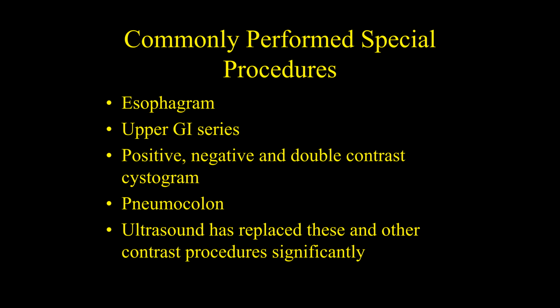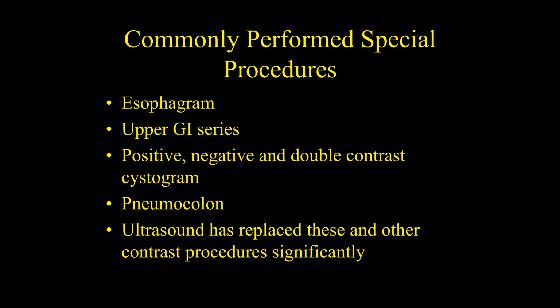Positive, negative and double contrast cystogram. This is a study of the urinary bladder, where we place a catheter through the urethra into the bladder, and we either infiltrate the bladder with positive contrast, for which you would use an iodinated contrast material that also shows up white or radiopaque on radiographs, or we use negative contrast, which is typically room air.